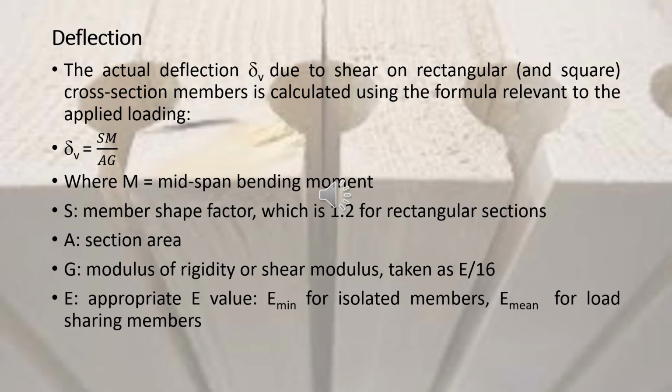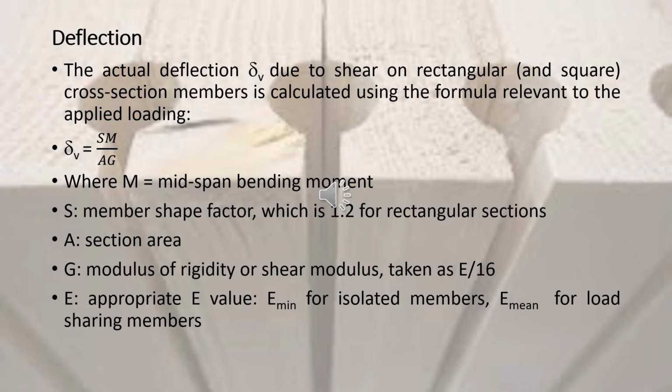Now again, just to summarize on the formula, M is the mid-span bending moment, the maximum bending moment you witness, which you can determine at mid-span. S is the member shape factor, which is 1.2 for rectangular sections, right? For other shapes, you have to refer to B50 to 68.